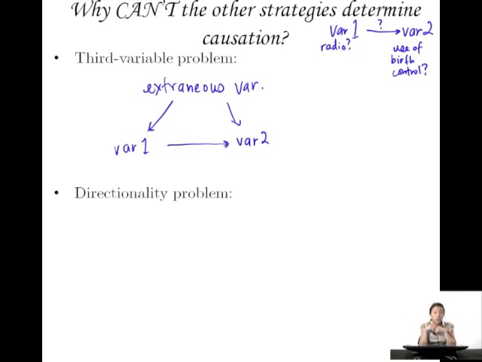You might see that relationship, but it might actually be caused by a third variable that's affecting both of those. For instance, perhaps how much money your household earns affects whether you have a radio, but also affects use of birth control. Or the level of education that a woman has might affect whether she owns a radio and whether she uses birth control. So those things might be caused by something else. They look like they're moving together, but they're actually not causing each other.